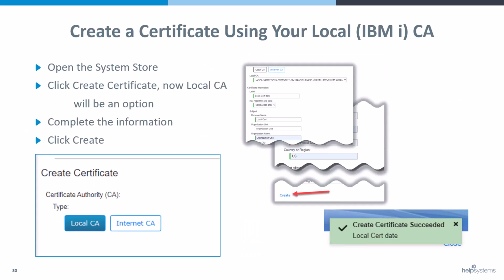Now we'll create a certificate that'll be signed by that local CA. So open your system store, click Create a Certificate, and now local CA should be an option. Select local CA, complete the information similar to as you did before, and your local cert will be created.